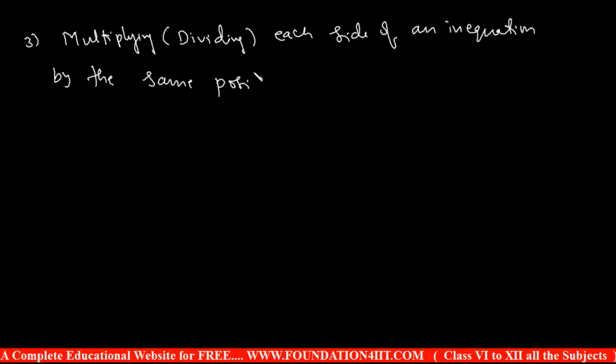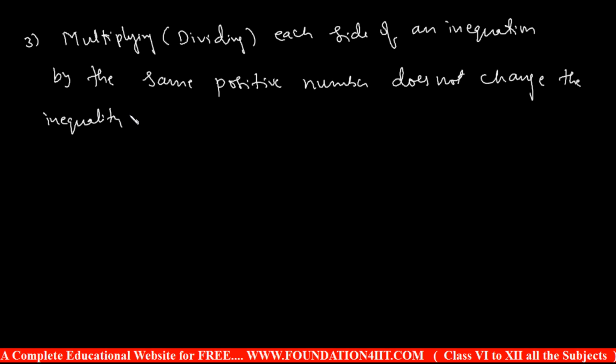First and second properties, what are the numbers? But the third property: multiplying or dividing each side of an inequation by the same positive number does not change the inequality. Even if you multiply or divide by the same positive number, the inequality does not change.